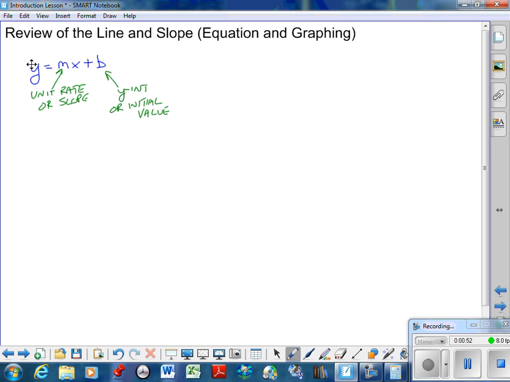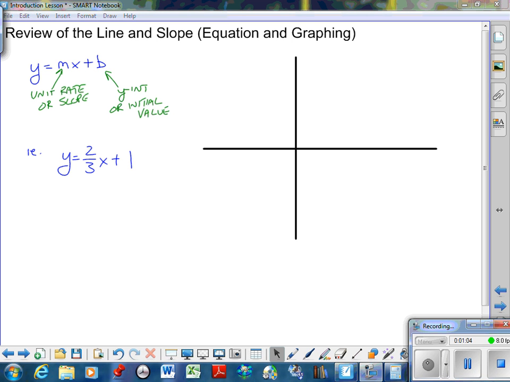As far as graphing goes, if we use an example here, y equals 2/3 x plus 1, and I create a grid here very quickly. X and y axes. I know that I start at plus 1, so this is where I would start.